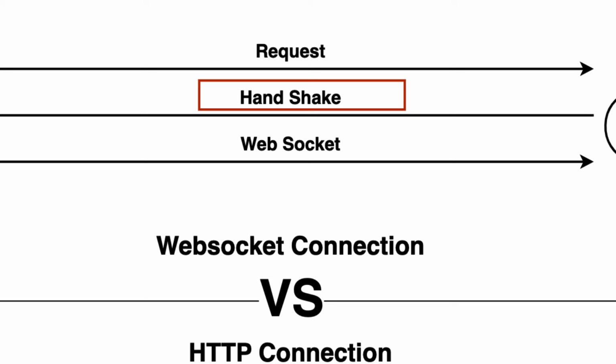The request also includes a Sec-WebSocket-Key, which is a base64 encoded randomly generated value that the server has to use to form a response. If the server supports the WebSocket protocol, it returns a standard HTTP response with a status code of 101, which is switching protocols.